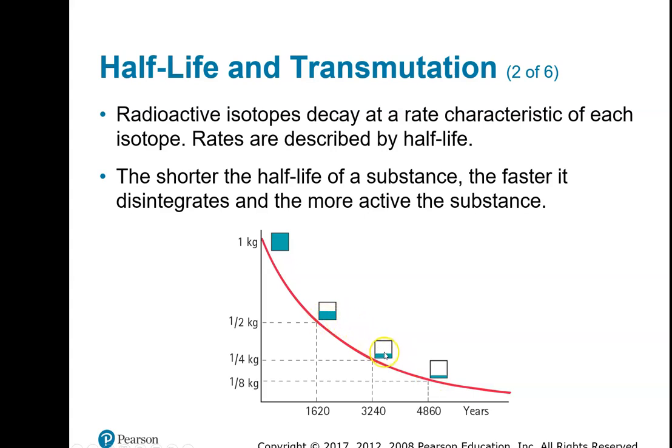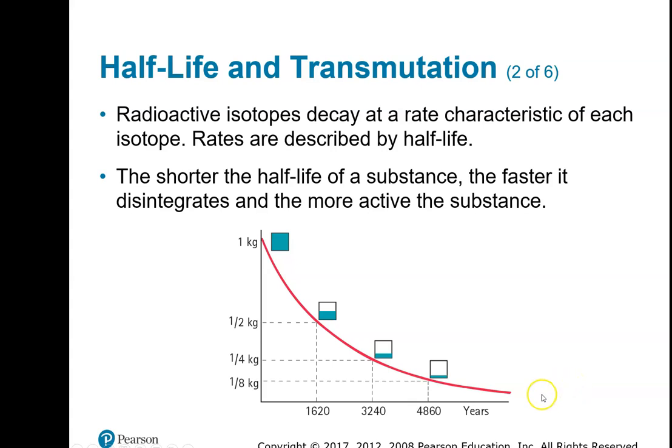So this is one half-life, two half-lives, three half-lives. You take the one half and raise it to the third power. One half to the first power, one half to the second power, one half to the third power, and then one half to the fourth power, one half to the fifth power, and so on.